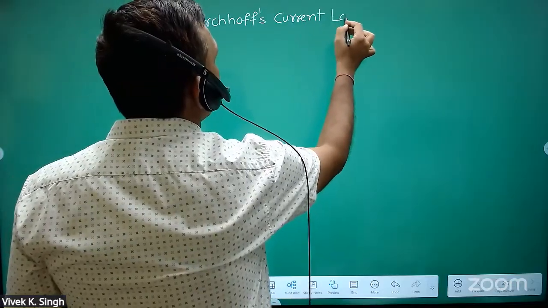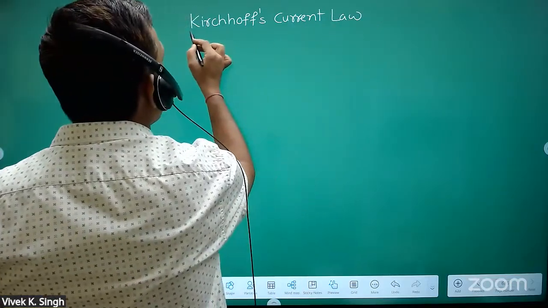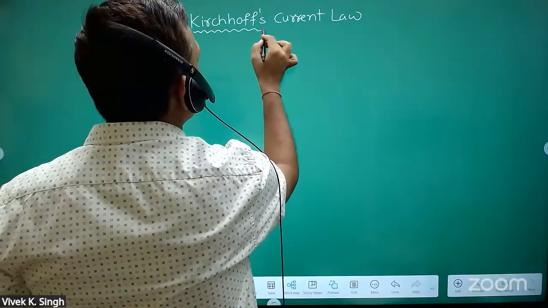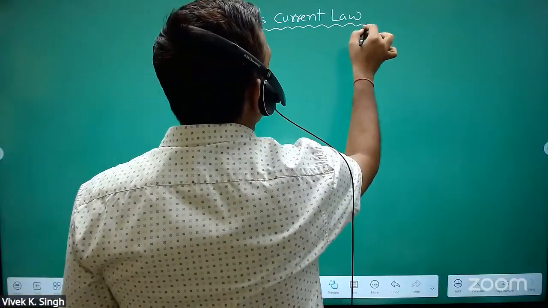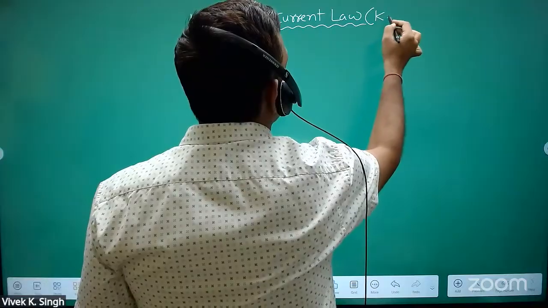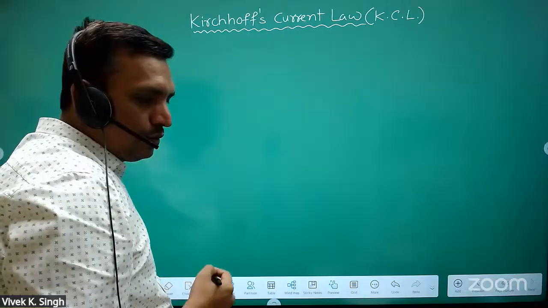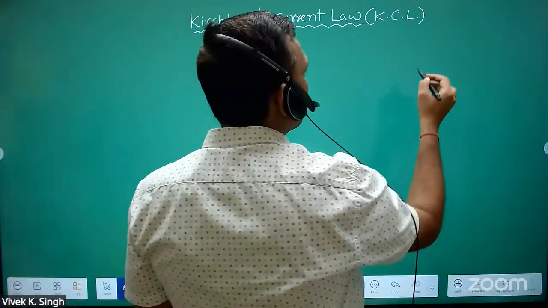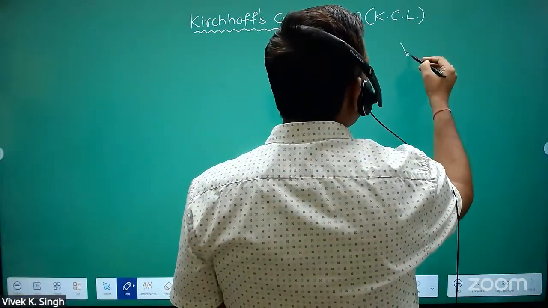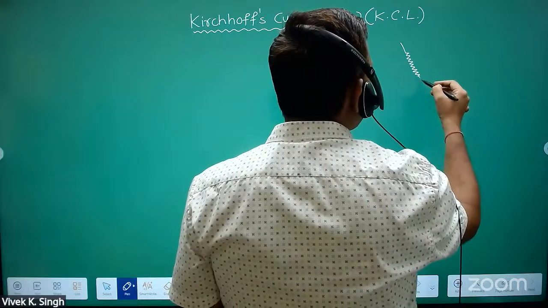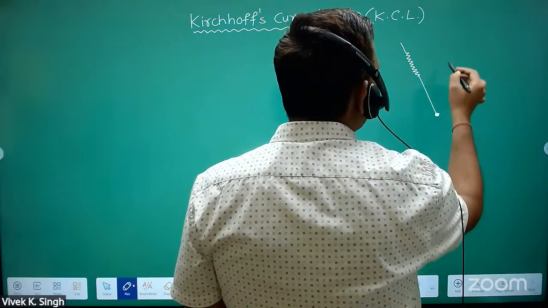So now let's talk about Kirchhoff's current law. In short, call it as KCL. So let's see, we have different resistance, different elements, they are connected at a node.